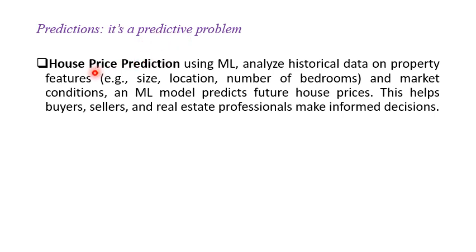For example, consider house price prediction using machine learning. We want to predict the price of a house by using machine learning. It is obvious that the problem has a predictive nature.